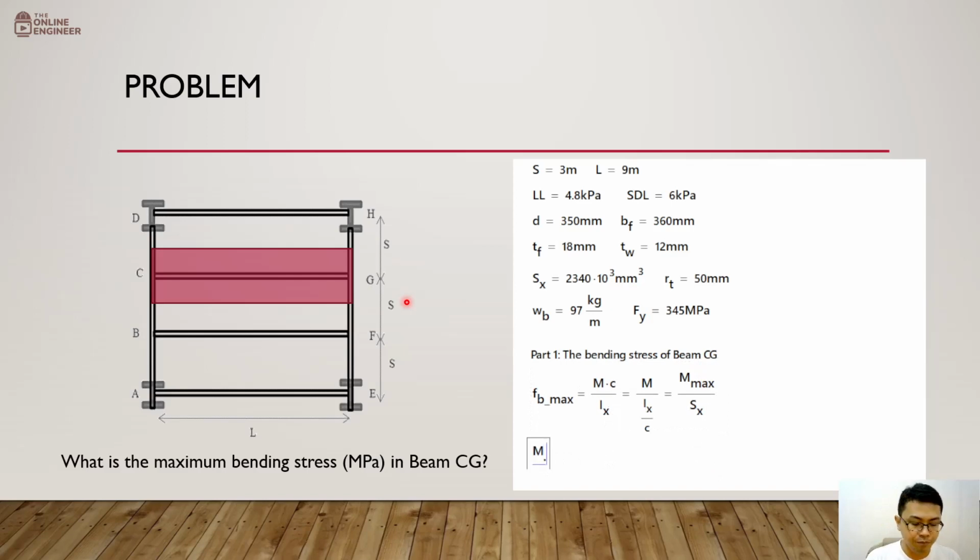Well, the maximum moment formula that we're going to apply, by the way, for this particular problem, if it is not clearly stated what type of support that we consider for the beam, we can safely assume that it's a simply supported beam. It's a simple beam. So for simply supported beams with a uniform distributed load all throughout, this is our formula for the maximum moment. It's WL squared over 8.